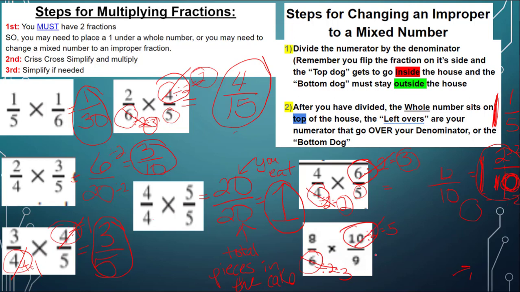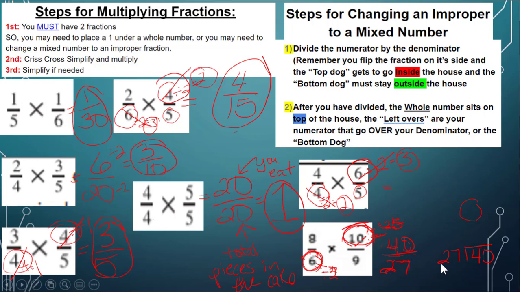So now I can go ahead and multiply. 8 times 5 is 40. 3 times 9 is 27. So we have an improper fraction again because my 40 is bigger than 27. So I'm going to eat more than what is in my cake. So it's improper. Okay, so our bottom dog goes outside the house. Our top dog gets to go inside the house.